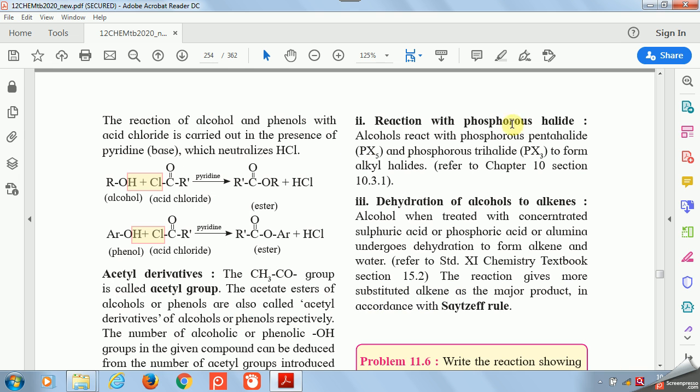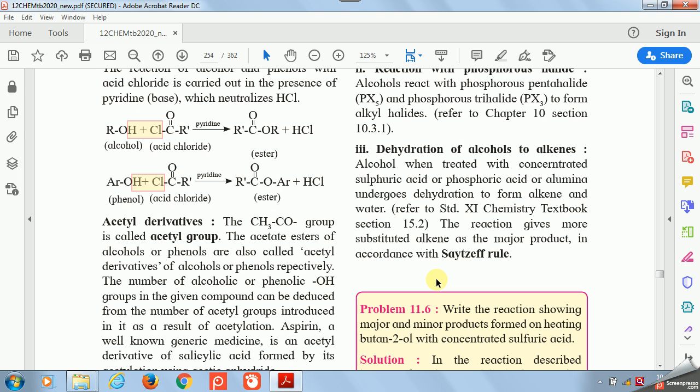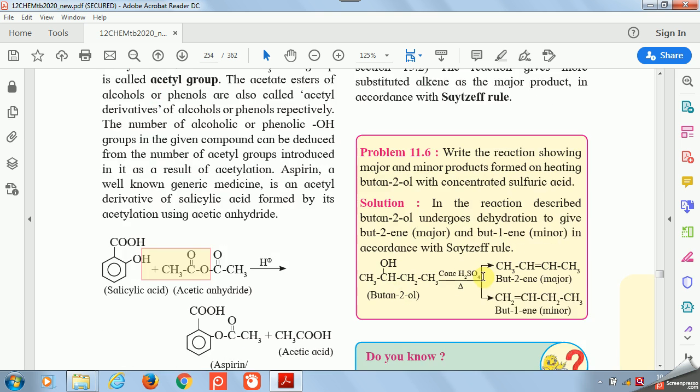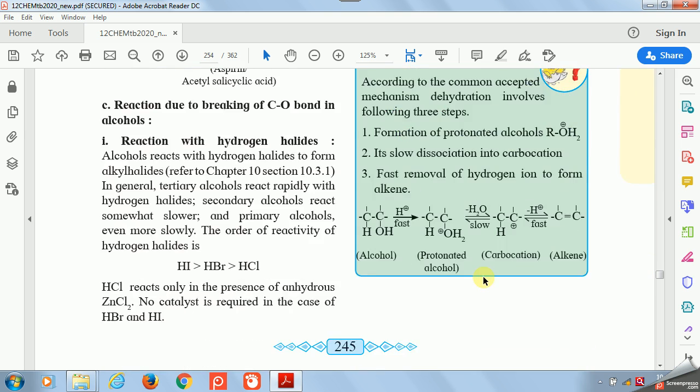Or reaction with phosphorus halides PX3 and PX5, that you also learned in halogen derivatives. And dehydration of alcohol to alkene, that you learned in 11th standard. So that we also revise in the Saytzeff rule discussion. So this is about the reactions.